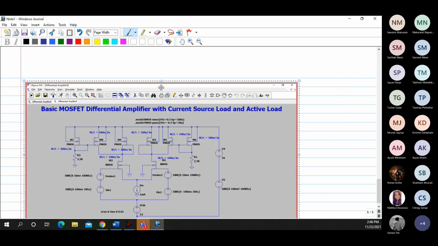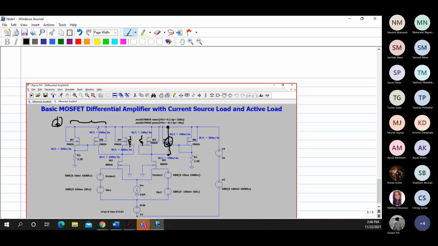So coming here, I'll just take this circuit. This part of the circuit is like a current source, and this is behaving like a resistance. Between this point and this point we are having a current source.